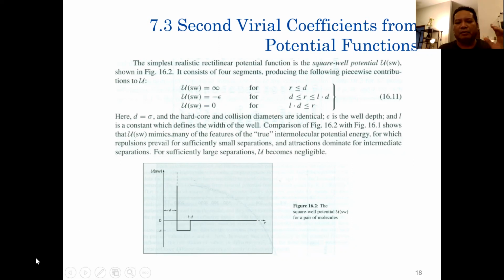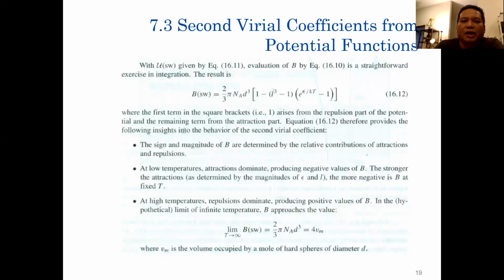Further, bigger than sigma, then it's attraction, until you reach somewhere here, which is r more than L times D here, and then there's no attraction or repulsion anymore, because it's too far. So for that, it can be written in a straightforward equation. So we get this equation here, 2 pi d here.